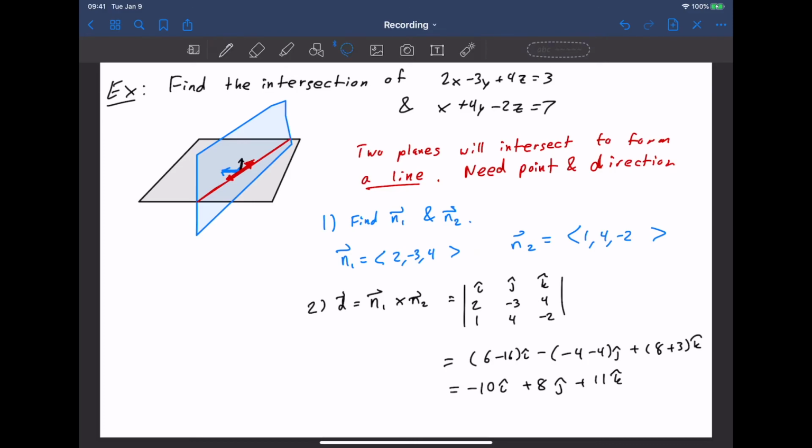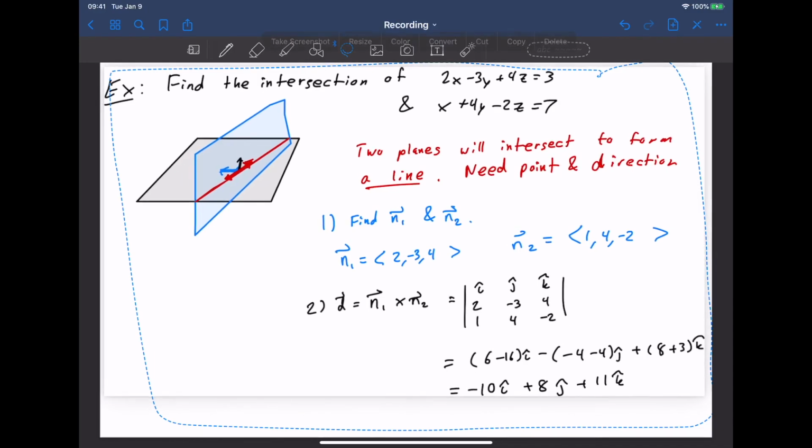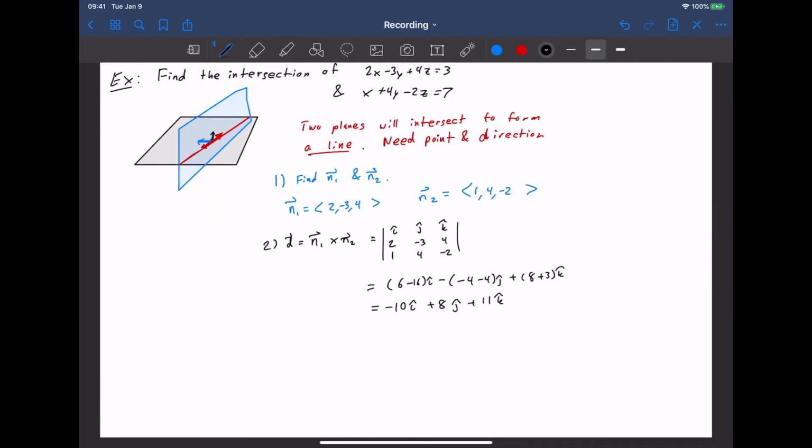Here's a real hack technique, and it would work in almost every single other problem. But first, I'm going to shrink some stuff down. In a lot of problems, if we need to find a point on the line, set x or y or z equals 0 in the system.